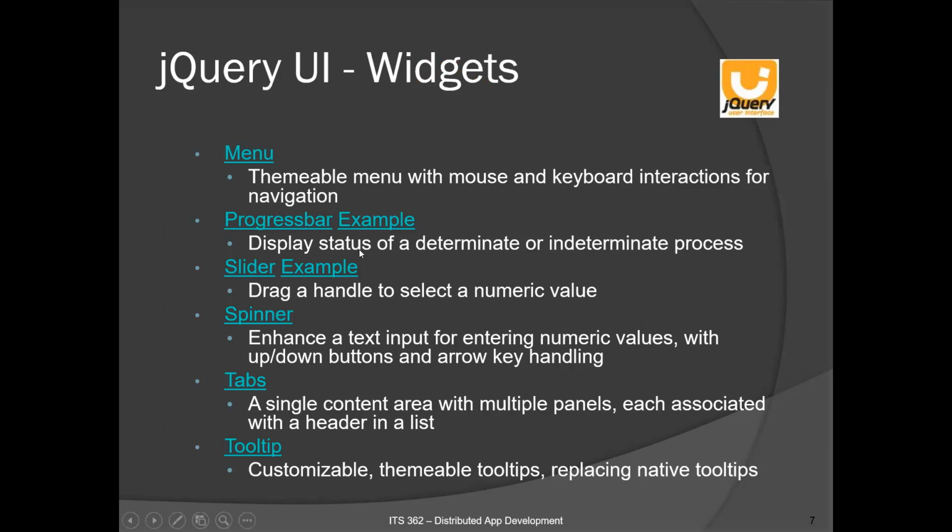There's a themeable menu with mouse and keyboard interactions for navigation, progress bars, sliders or slide bars, the tooltip, etc. As you might imagine, there's a lot of controls, and I'm sure you're more familiar than me with a lot of other controls that you see in websites.